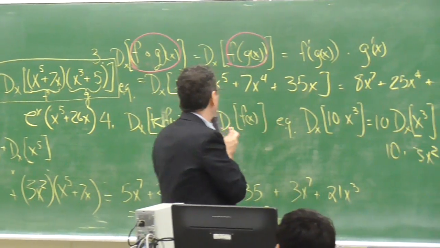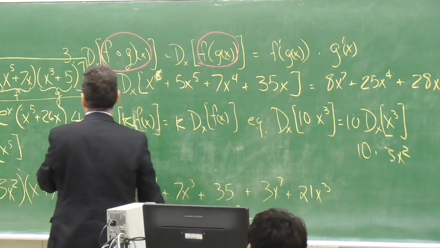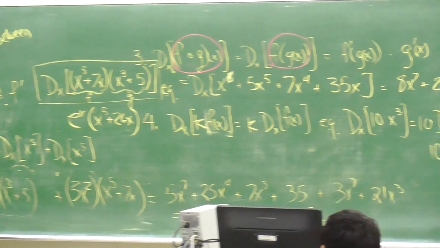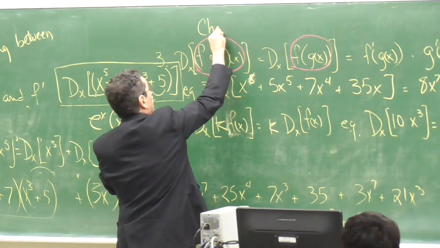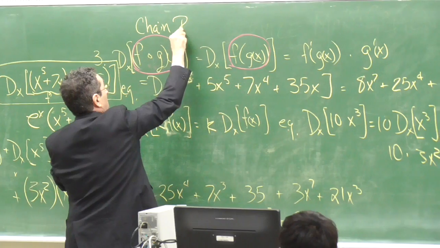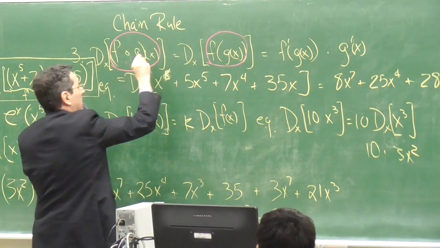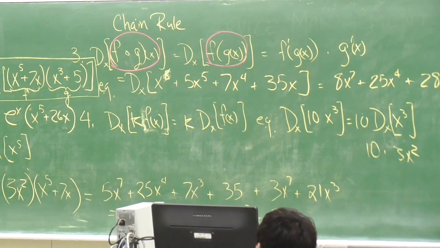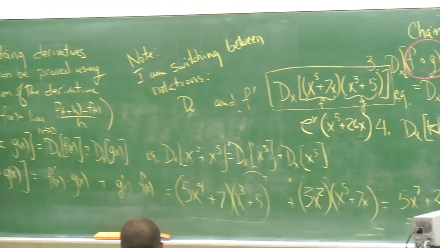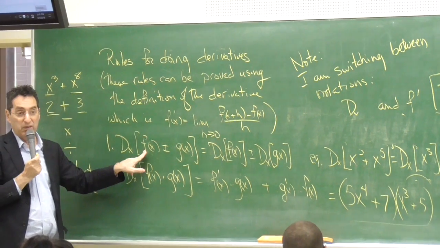And this rule has a name. This one was called the product rule. And this one, we'll see why in a minute, is called the chain rule. So it doesn't reference the operation. This one is called the addition rule, or the subtraction rule, depending on which one you're doing.